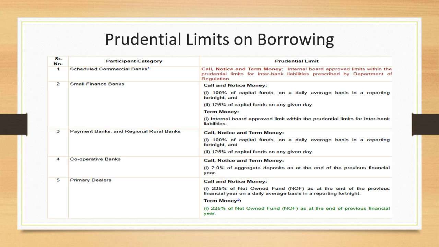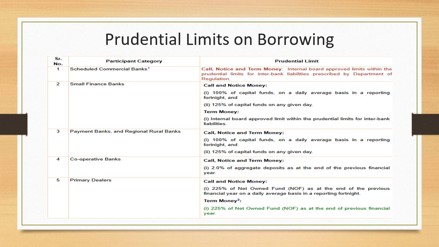Right. So basically, for different segments, you have the prudential limits under which you can borrow and lend, and that's something which is very clearly mentioned as part of the master direction of RBI of 2021, right? So that's when the RBI came out with the master direction.